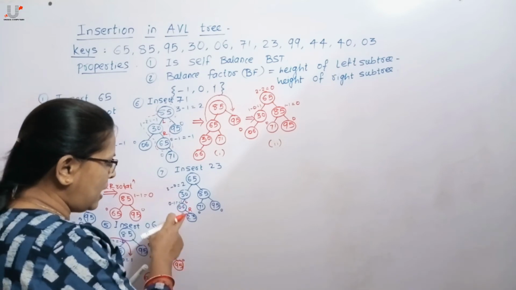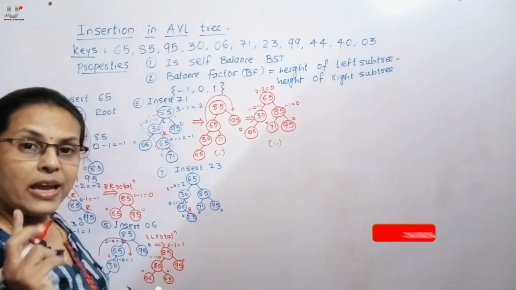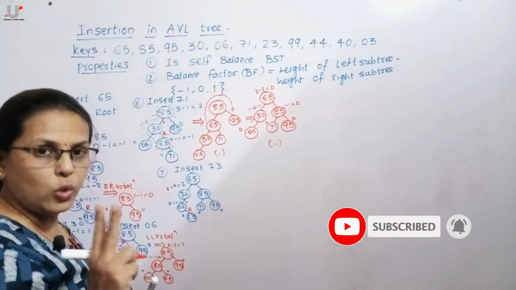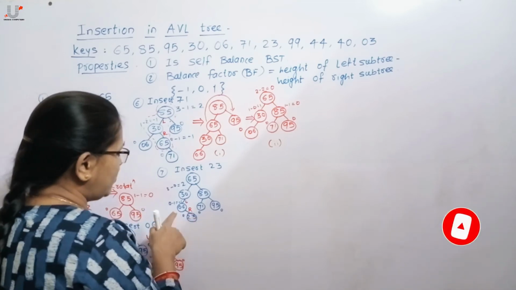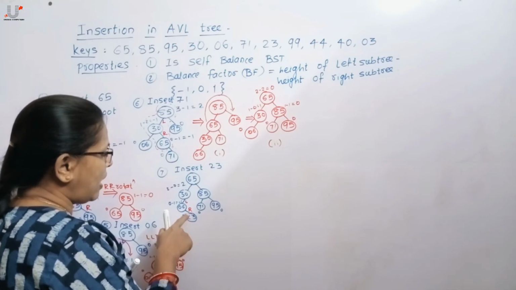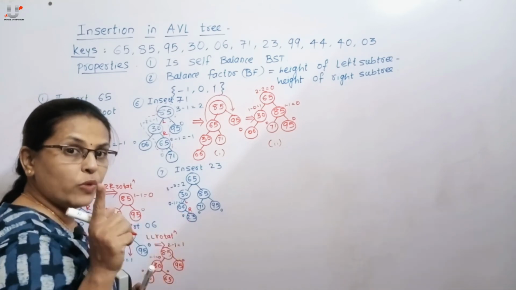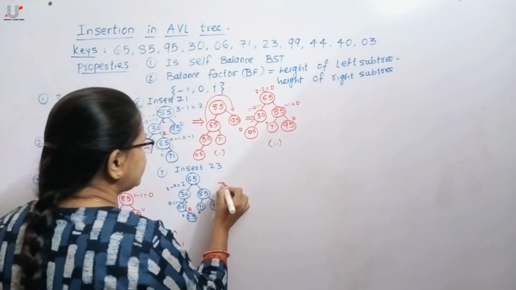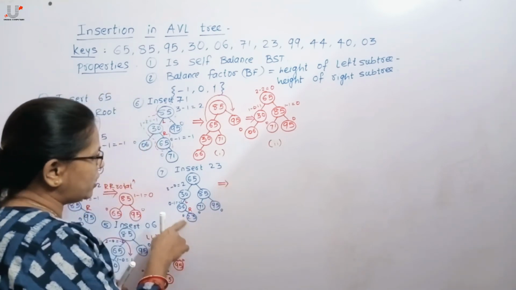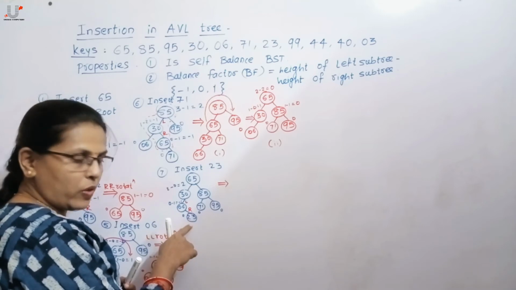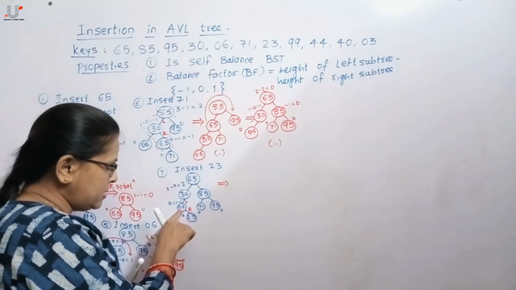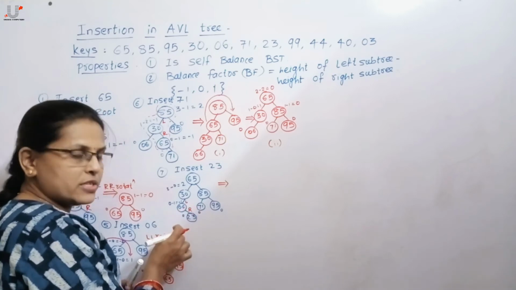And as it is LR, that means it's an external rotation. So to balance this tree, it takes 2 rotations. First, we have to apply one left rotation between 6 and 23. After applying one left rotation between this 6 and 23, 23 becomes the parent and 6 pulls down.